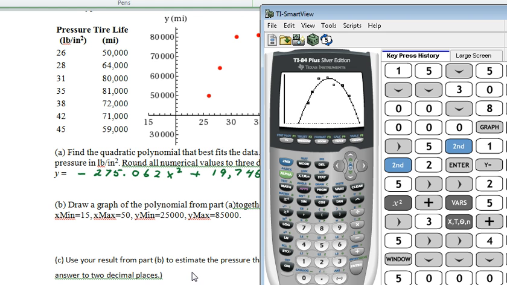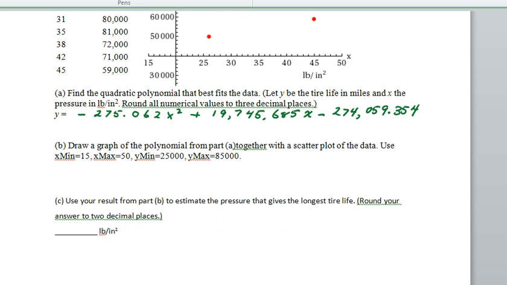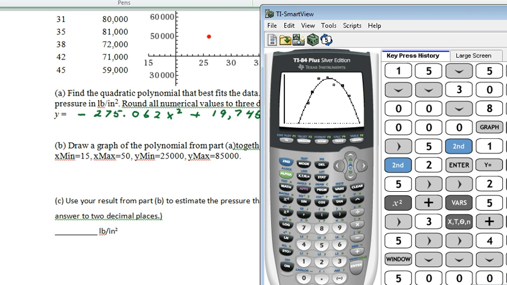Now part C asks to estimate the longest tire life based on pressure. And we're to round that to 2 decimal places. The units will be pounds per inches squared. And so we are to find the maximum of this function and where it occurs.